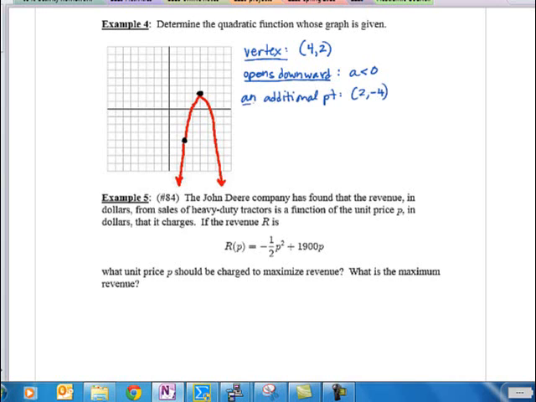So let's think about this. We're trying to find the function. And for quadratic functions, we have two options. We can either work with a times x minus h squared plus k and find a and h and k.